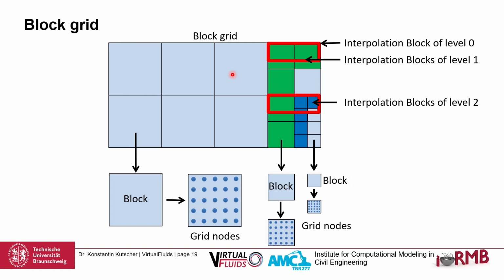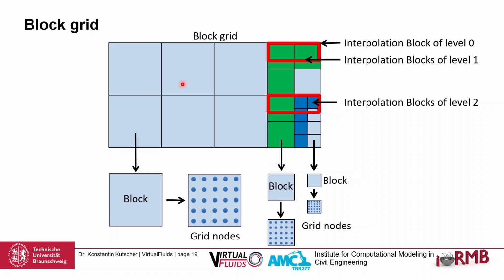We can put these blocks together and generate a grid. And blocks can have different sizes, for example in case of refinement. About refinement I will talk in detail in the second part, but here we talk generally about this data structure.